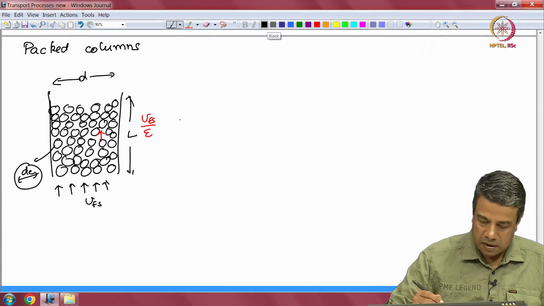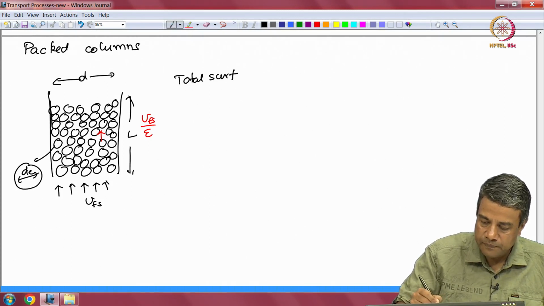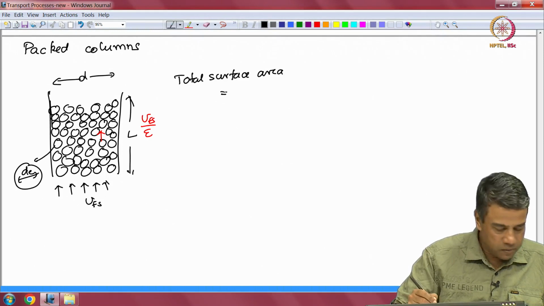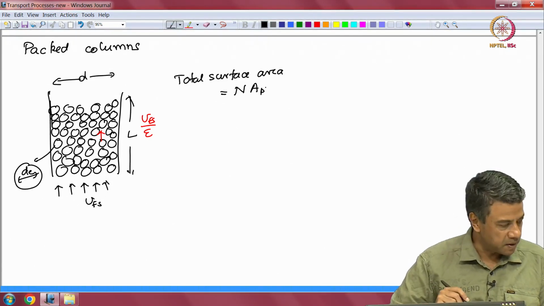Recall that we had derived the total surface area, which is equal to the number of particles times the surface area of each particle.